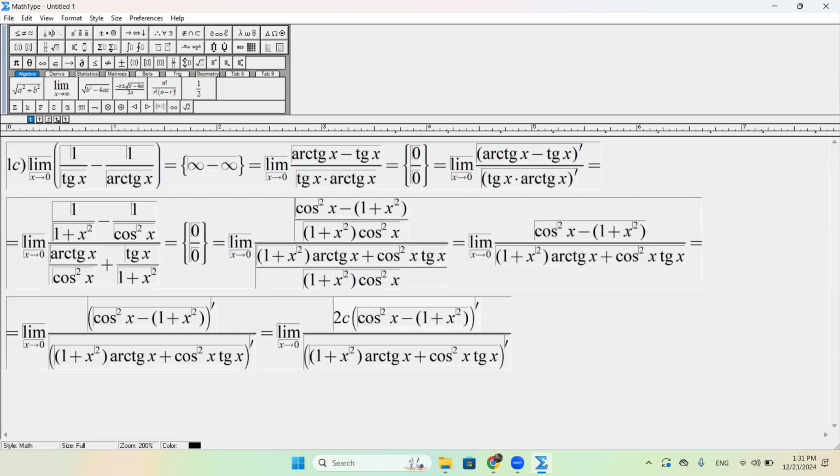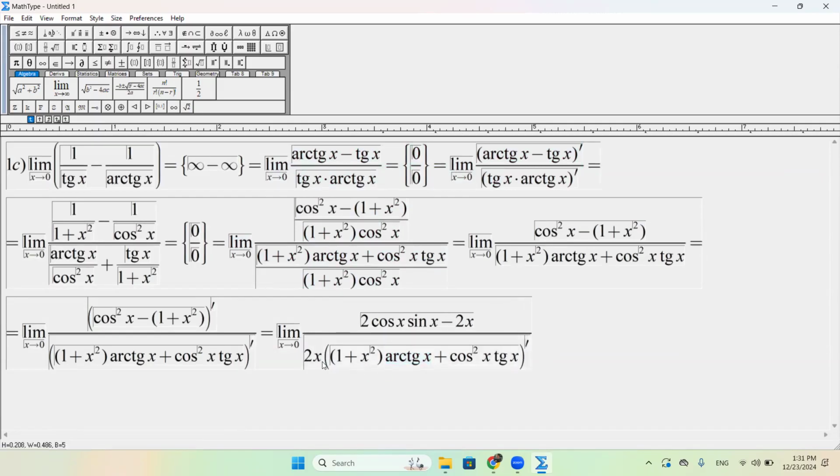2 cosine of x by sine of x. Remember that we differentiate a composite function. Minus 2x. So done with the numerator. And what about the denominator? 2x multiplied by arctangent of x.